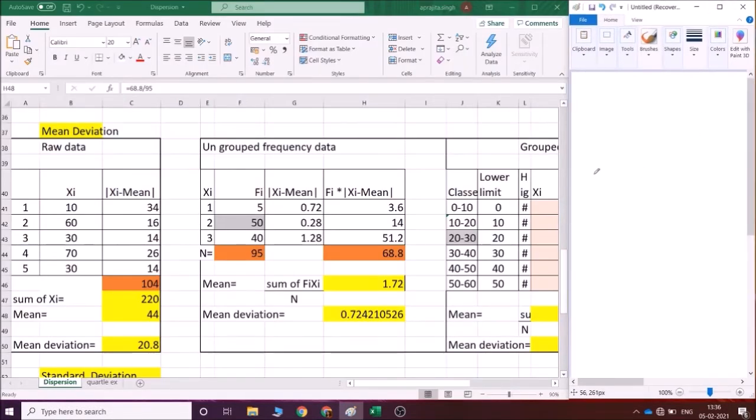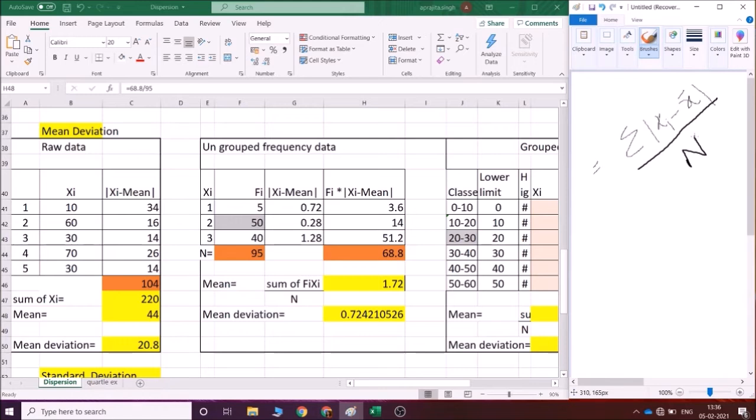So mean deviation is equal to summation of mod of xi minus mean. So you have to just add it up. Now divided by capital N. This is how the mean deviation is found out.